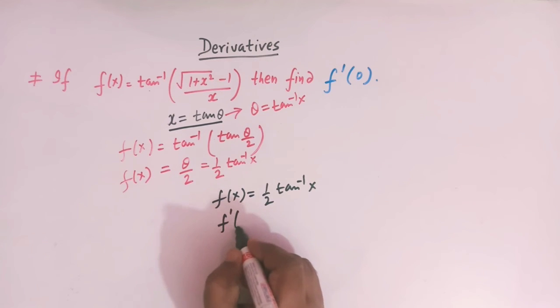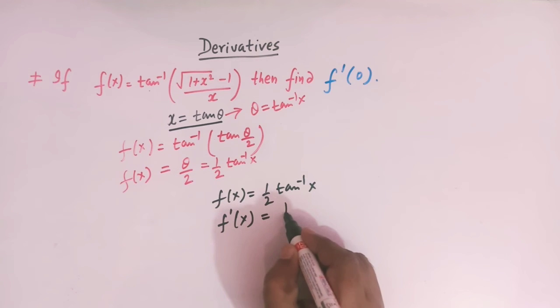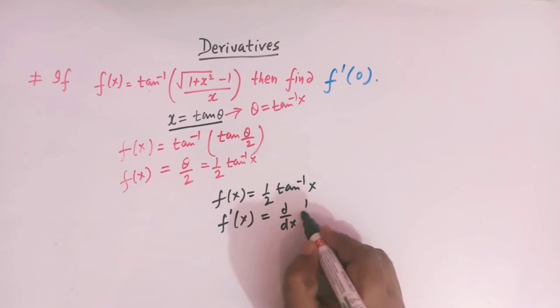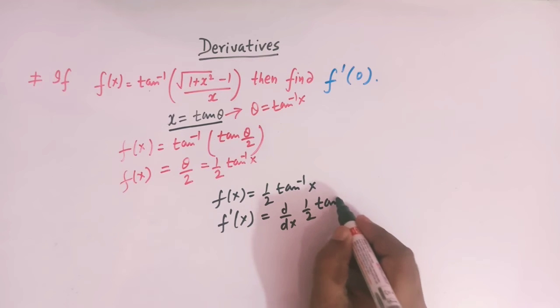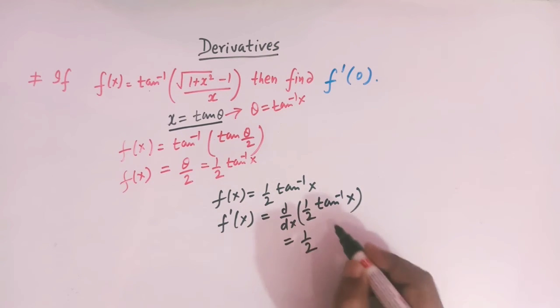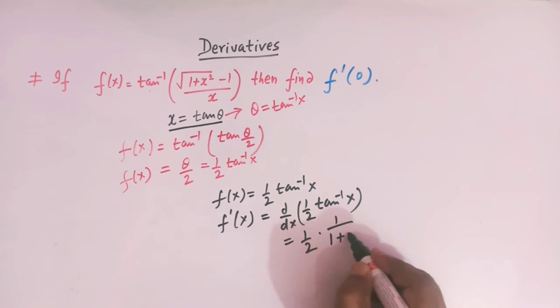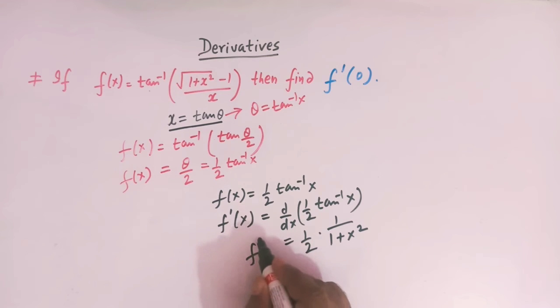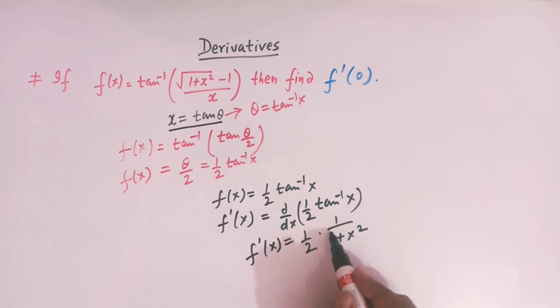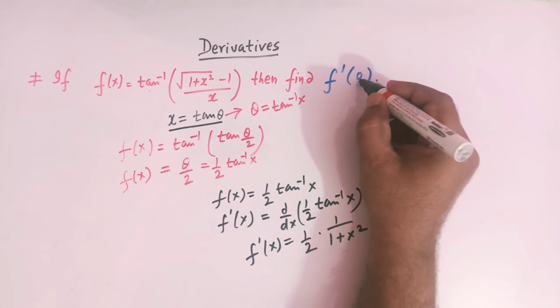The derivative of f of x is f prime of x, which is d by dx of half tan inverse x. We can take half outside, and the derivative of tan inverse x is 1 over 1 plus x square. So f prime of x is equal to half times 1 over 1 plus x square, and now we need to find f prime of 0.